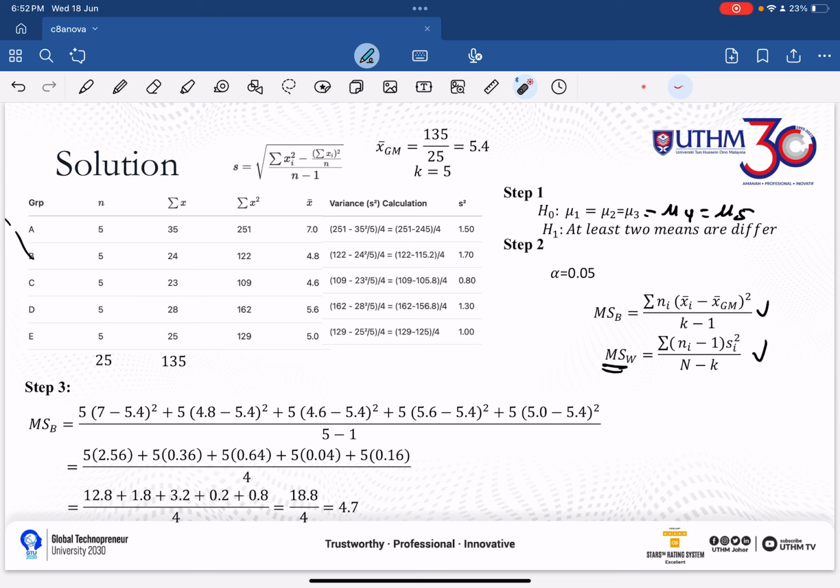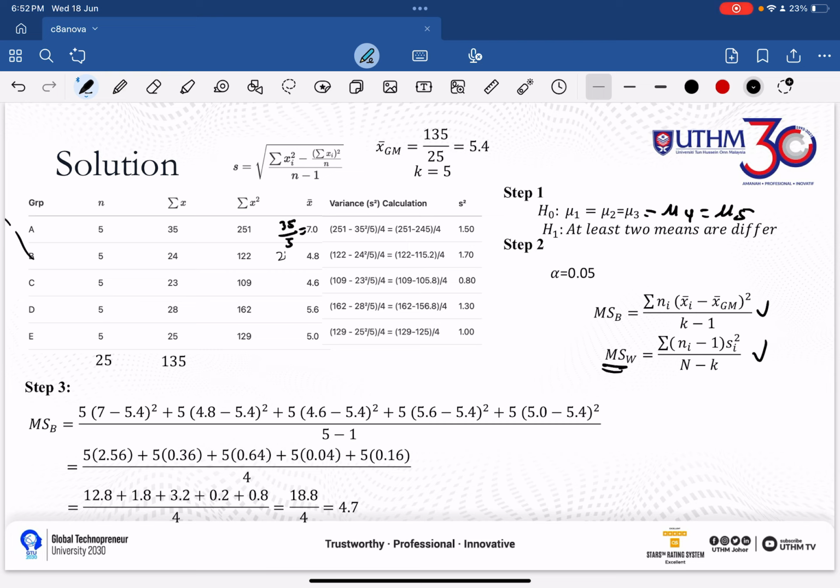And then we need to calculate the mean for each group. So for the first group, for example group A, 35 divided by 5 is equal to 7.